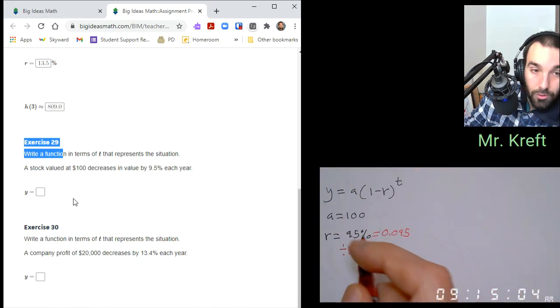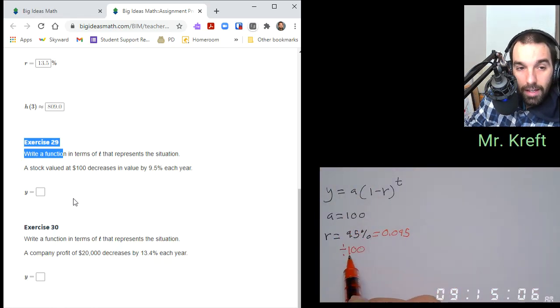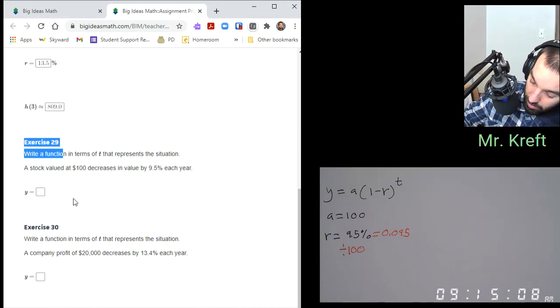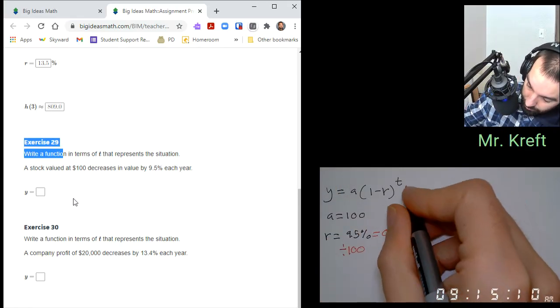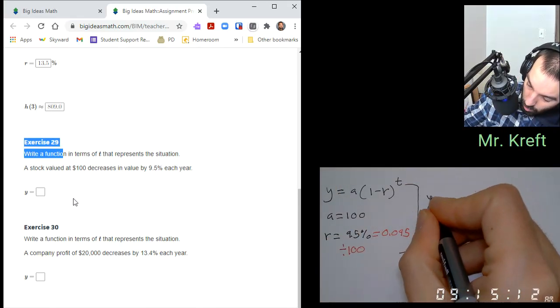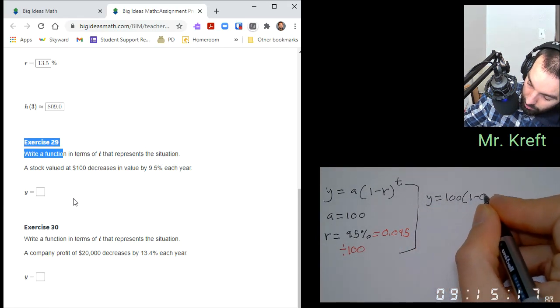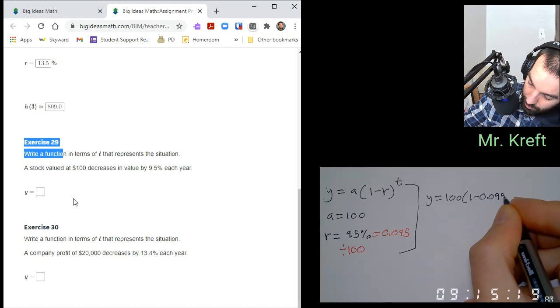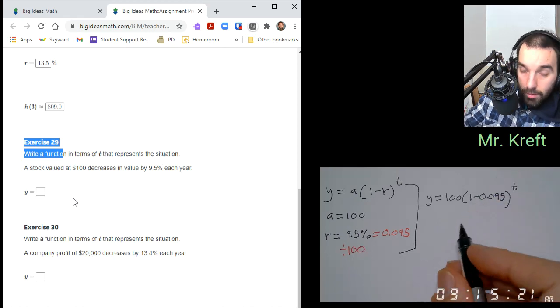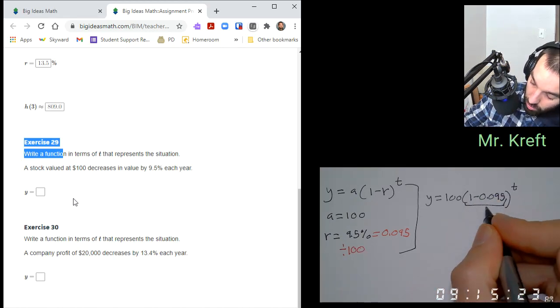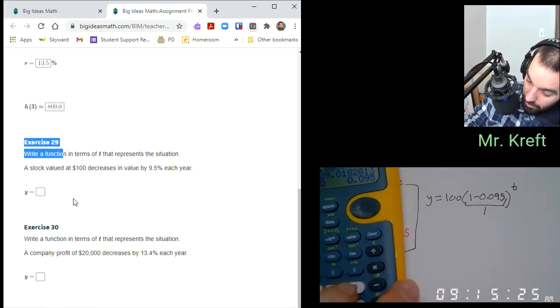Now that I have my a and my r, my next step is to plug all of those in. So I'm going to get y equals 100 times (1 minus 0.095) to the t. Big Ideas wants you to do that in your calculator.